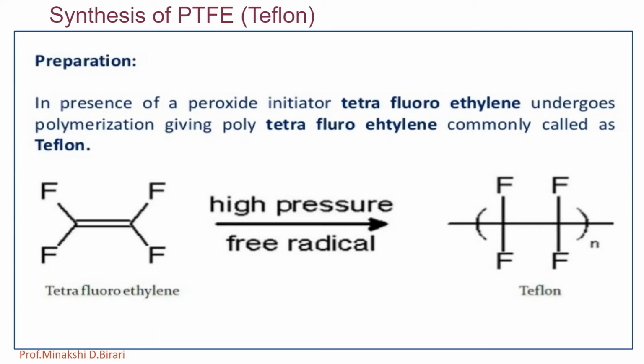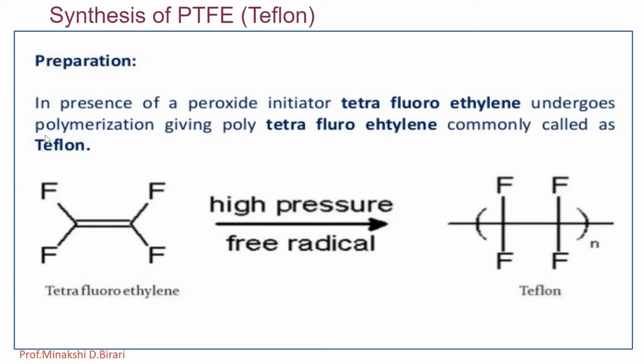In some cases, oxygen is also used as the initiator. Great care has to be taken during polymerization because the reaction is exothermic and it can result in violent explosion. So, the polymerization occurs by free radical mechanism.